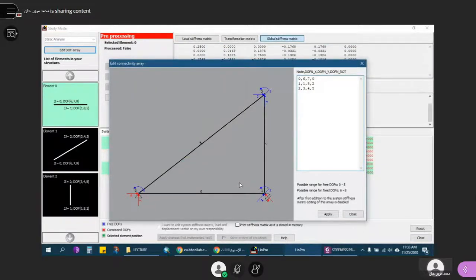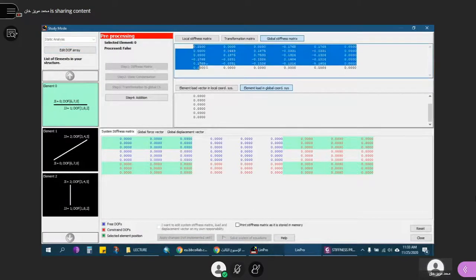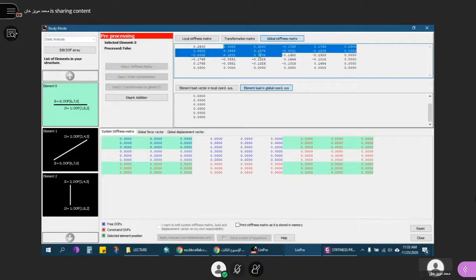So what we need to do is remove the degrees of freedom, column 0 and 2, from this matrix. As you can see here, the order of this local stiffness matrix is 6, 7, 0, 1, 8, and 2. Similarly, we have the same order for the rows. So we just need 6 and 7 and 1 and 8, and remove the third row and the last row.